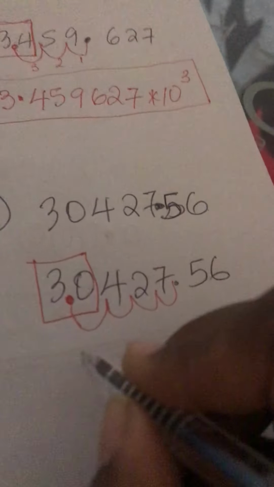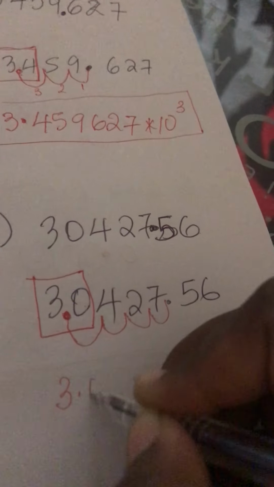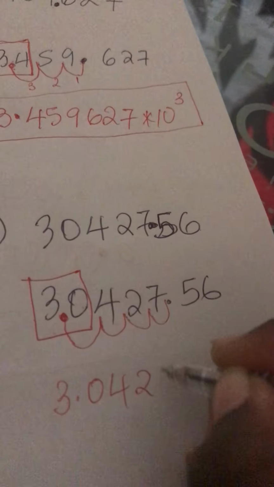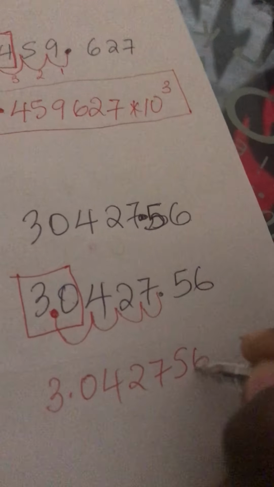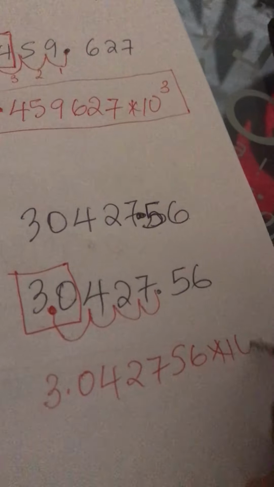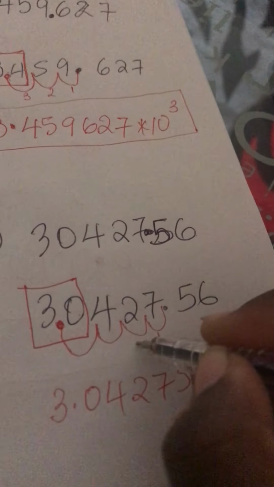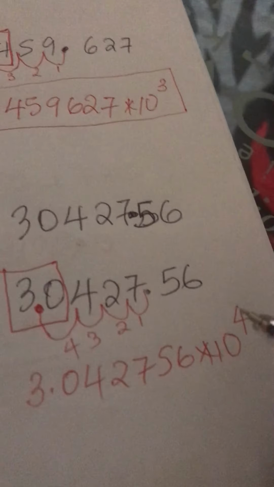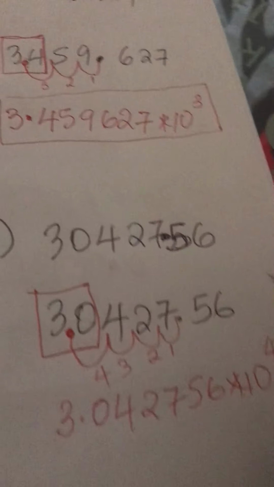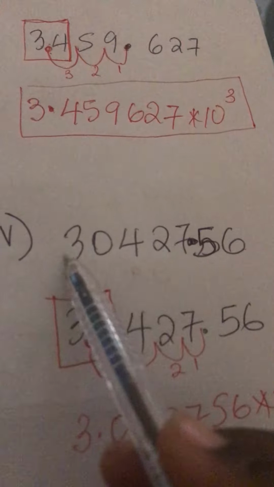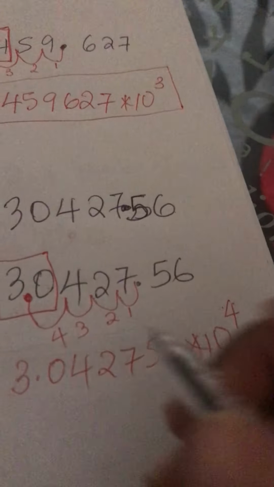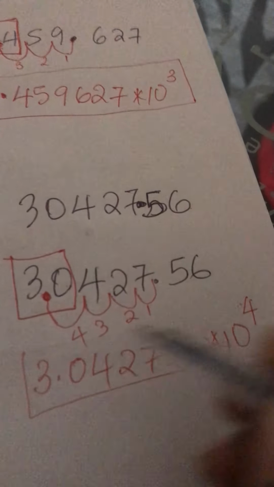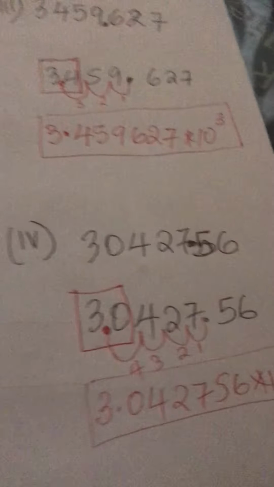Then you will write 3.042756 times 10. Then you count 1, 2, 3, 4. You write 4. Then you check if it is negative or positive. It is positive because this number did not start with 0. And there is your answer.